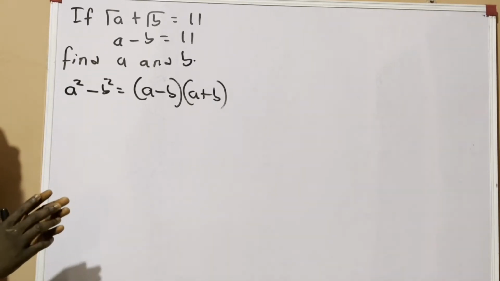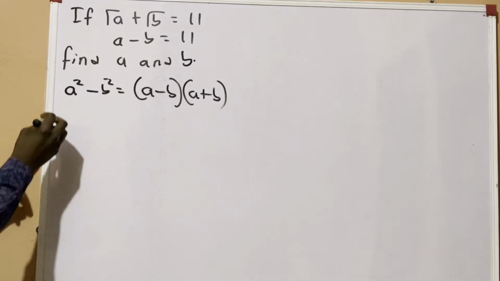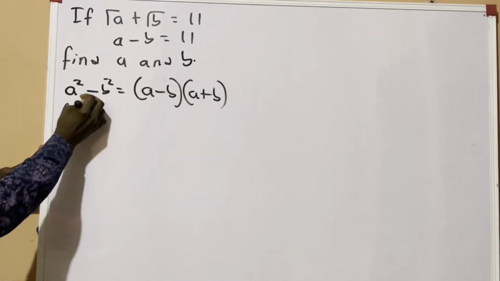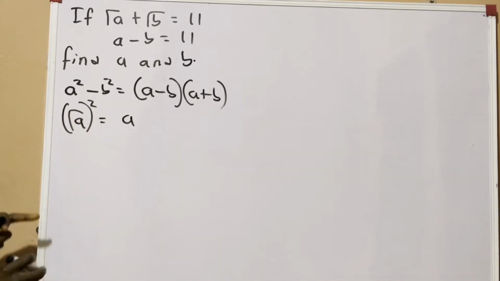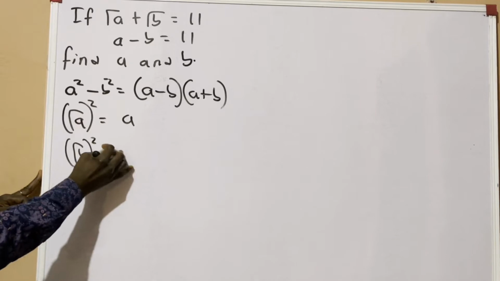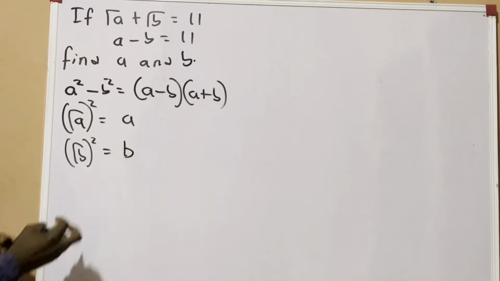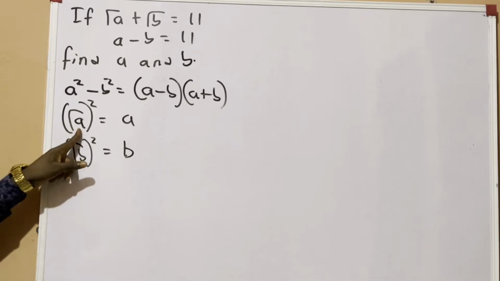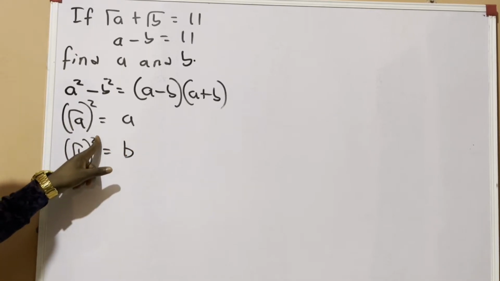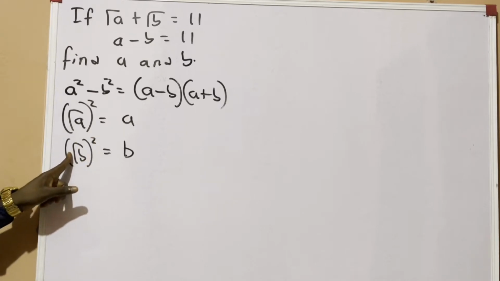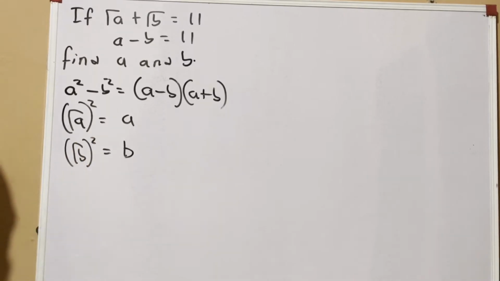Also, you know that root a raised to the power of 2 is the same thing as a, and root b raised to the power of 2 is the same thing as b, because the square cancels out the square root, and we have a left, and likewise for b.